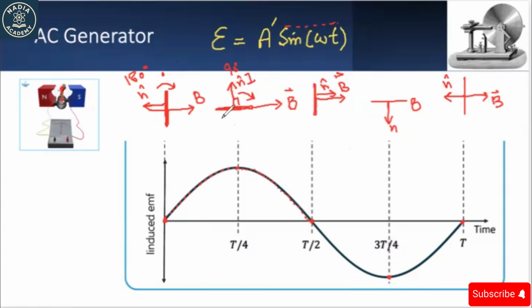So once again, have a very quick look, because this is very, very important. If you understand this, then you can understand how a generator works and why it is always an AC generator. Here we have our coil where the cross-sectional area and the magnetic flux density B are at 180 degrees to each other, and sin 180 is 0.